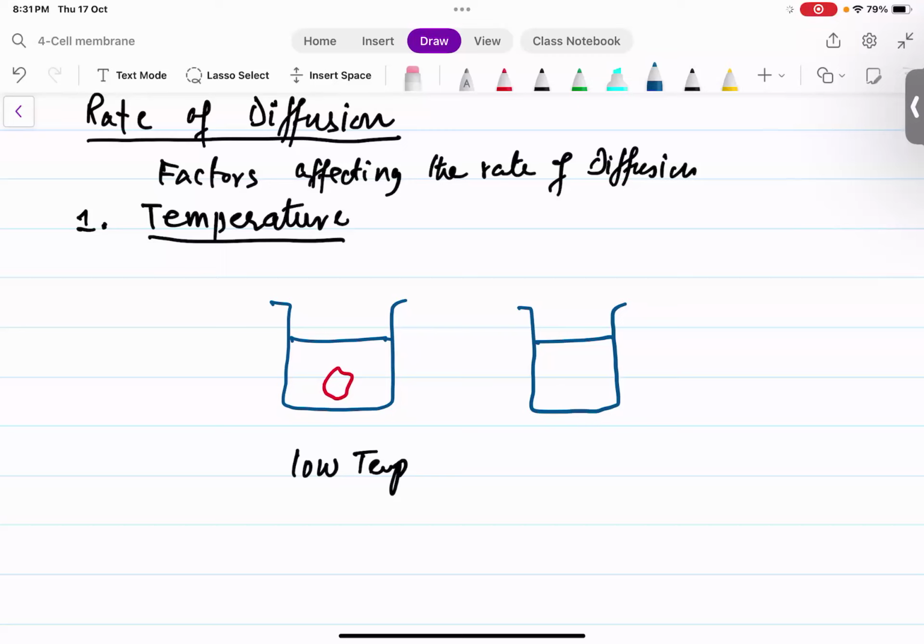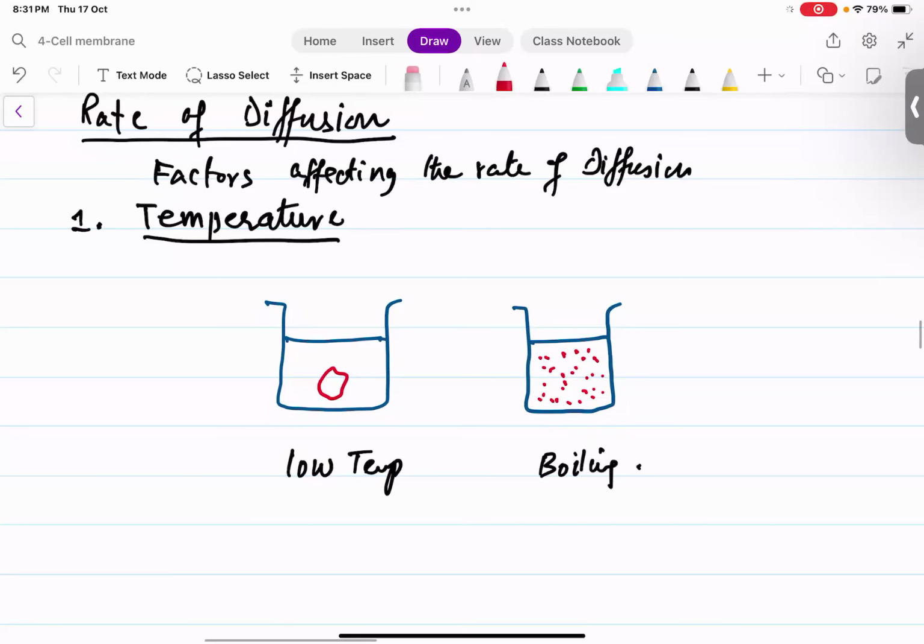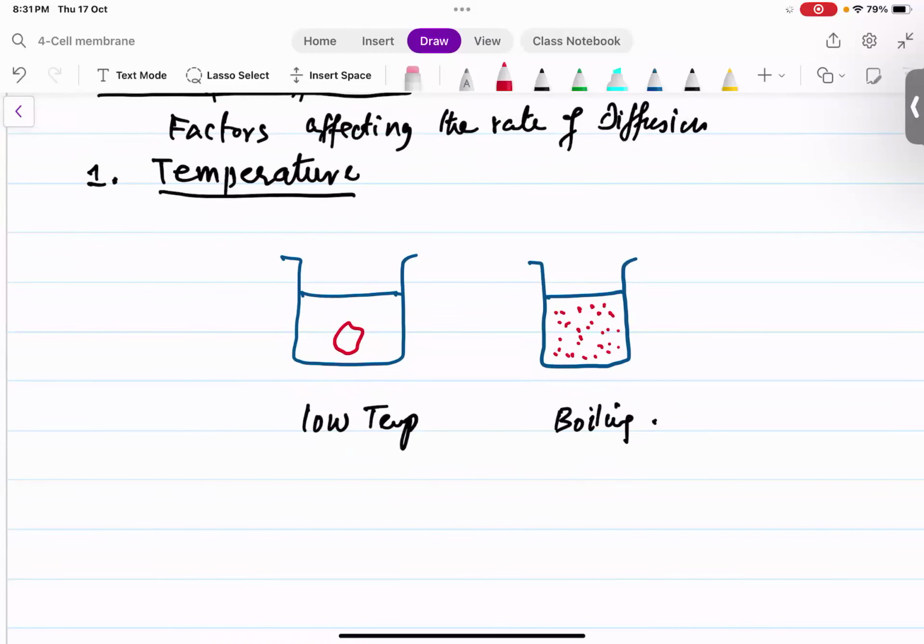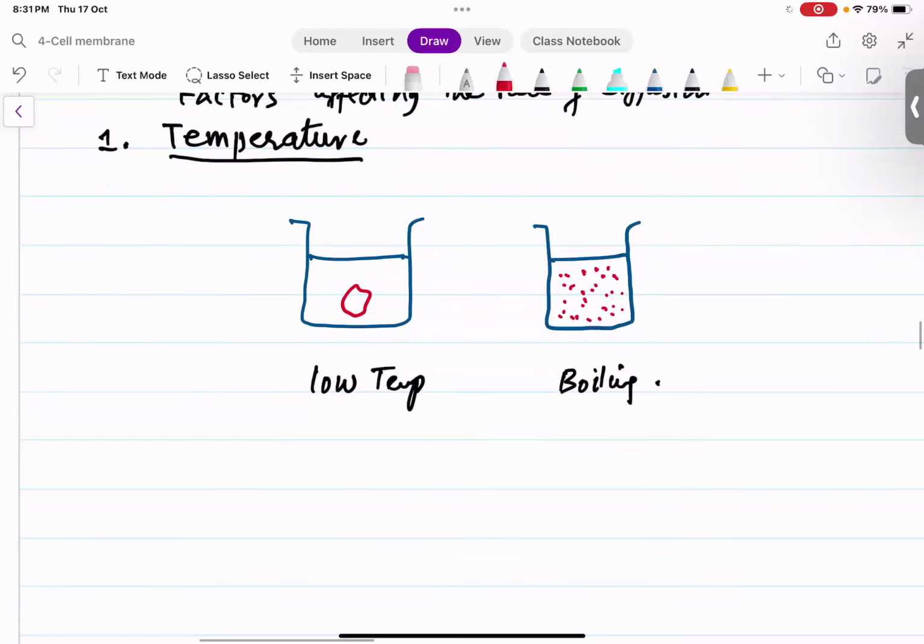So this would increase the rate of mixing, and the crystals would dissolve more rapidly into the water. So temperature increases the rate of diffusion.